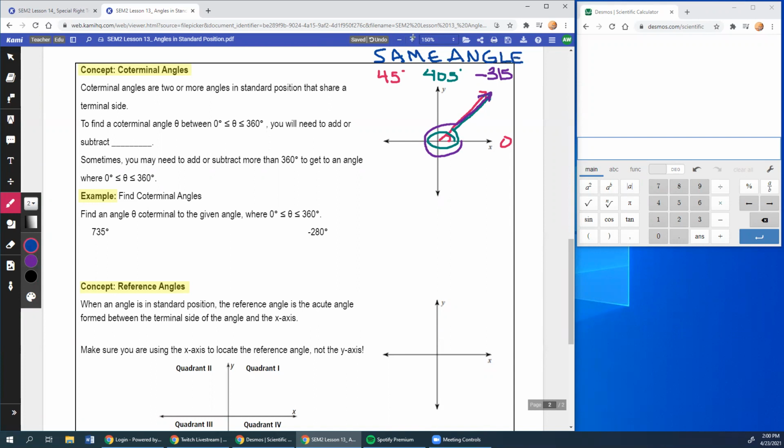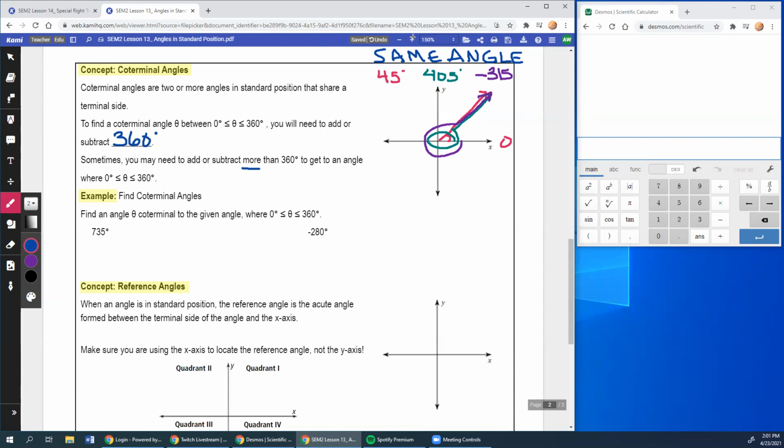Meaning, because they all land in the same spot, they are coterminal angles. So to find a coterminal angle between 0 and 360, you will need to either add or subtract 360 degrees. Sometimes you may need to add or subtract more than 360 to get it in between 0 and 360.